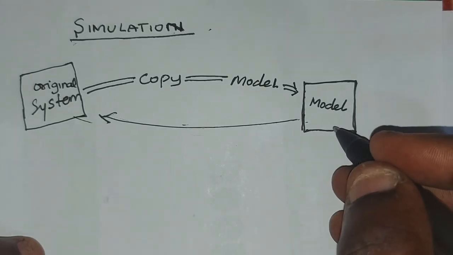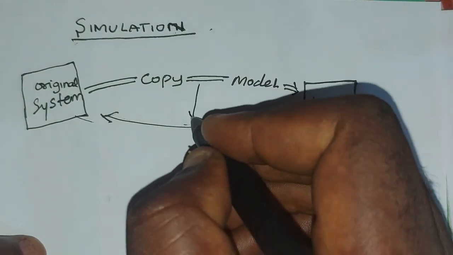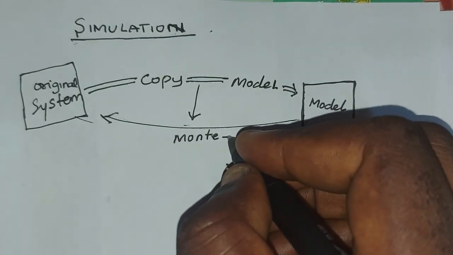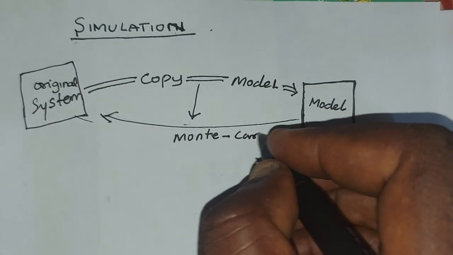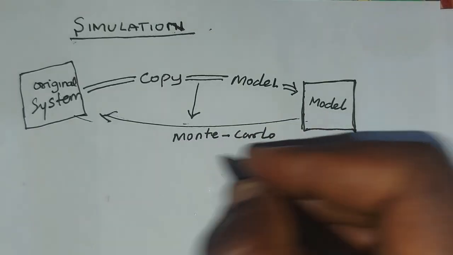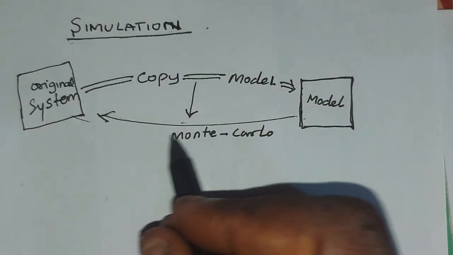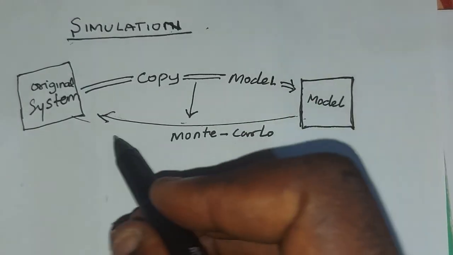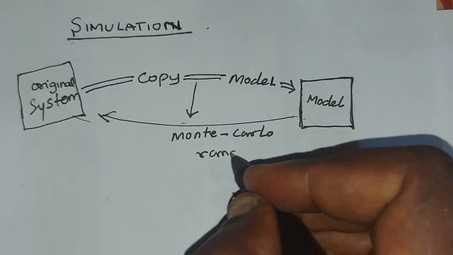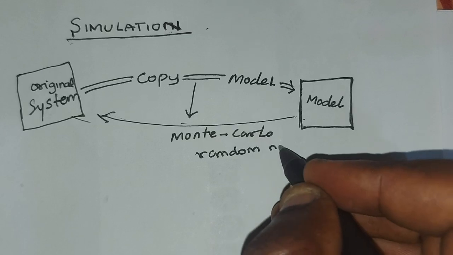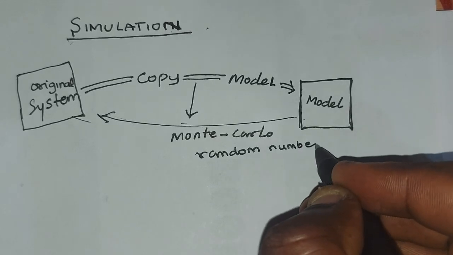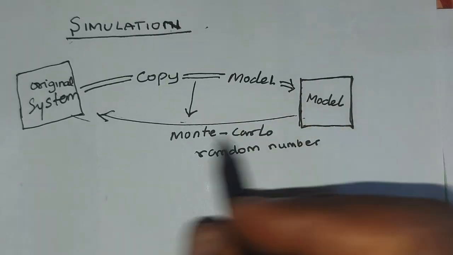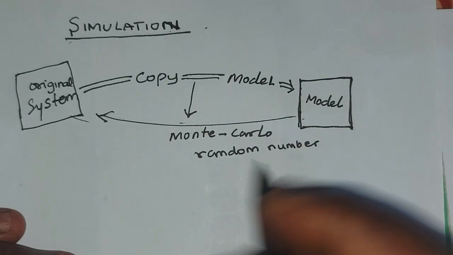Using a concept known as the Monte Carlo simulation technique. Monte Carlo is an experiment on chance that uses random numbers and requires decision making under uncertainty. So that is about Monte Carlo.